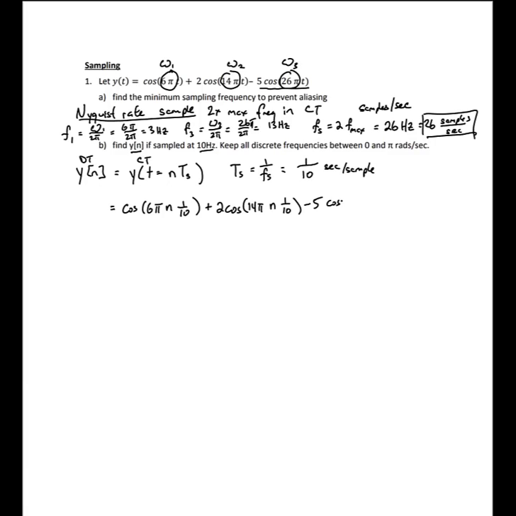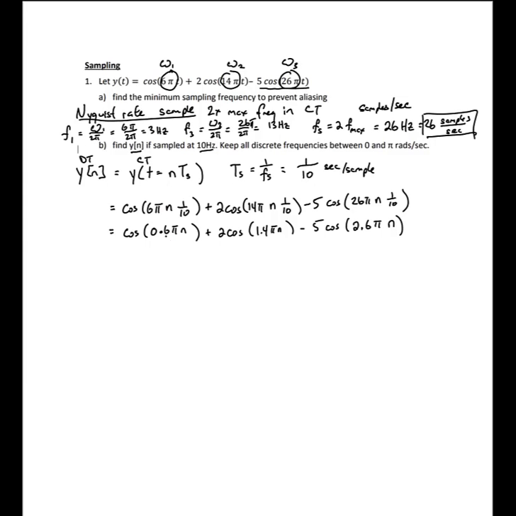Minus 5 cosine, 26 pi, and 1/10. So we can simplify that a little bit. This is cosine of 0.6 pi n plus 2 cosine of 1.4 pi n, and then minus 5 cosine of 2.6 pi n.